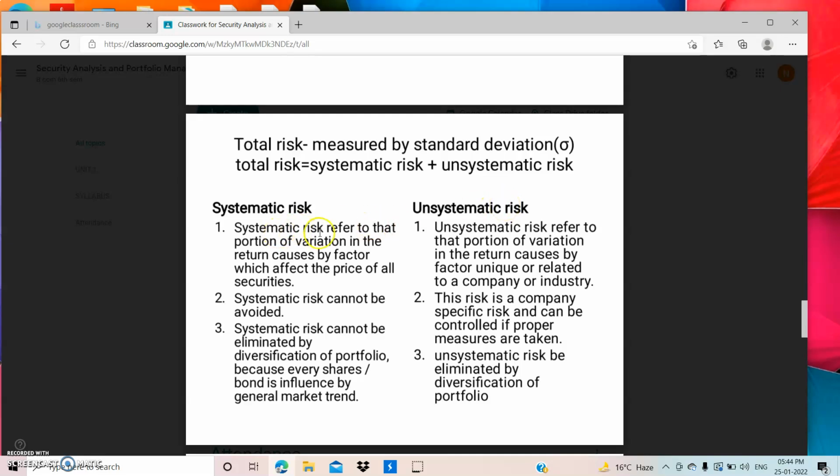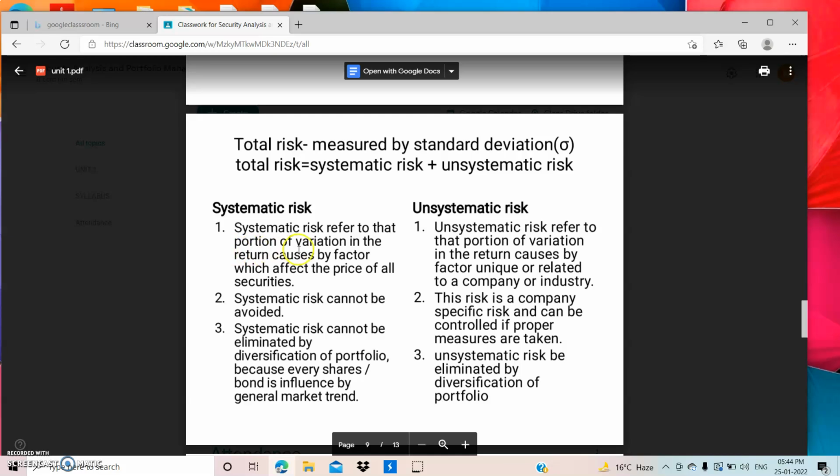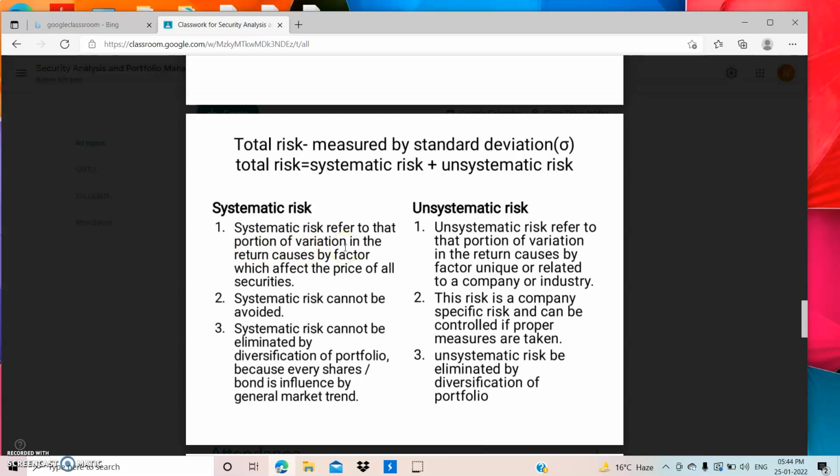Systematic risk refers to that portion of the variation. Variation means the difference between the expected return and the actual return. For example, you are expecting that you will get 30% return if you invest in Reliance company for 1 year, but the actual return that you receive after 1 year is only 20%.